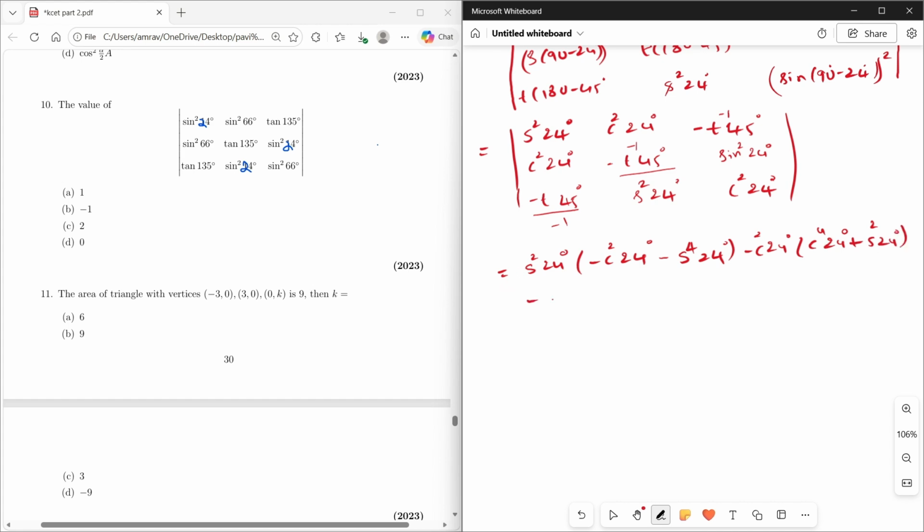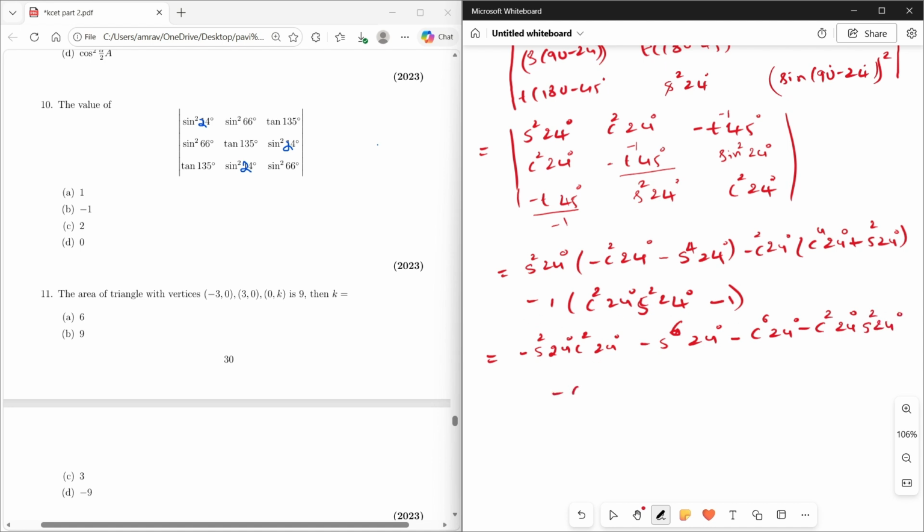And the third term, minus 1 into sine square 24 degree into cos square 24 degree, and minus 1 into minus 1 plus 1, so this will be minus 1. So just multiply the terms: you get minus sine square 24 degree cos square 24 degree, and again minus sine power 6 24 degree, minus cos power 6 24 degree, minus cos square 24 degree sine square 24 degree, and again here minus cos square 24 degree sine square 24 degree plus 1.